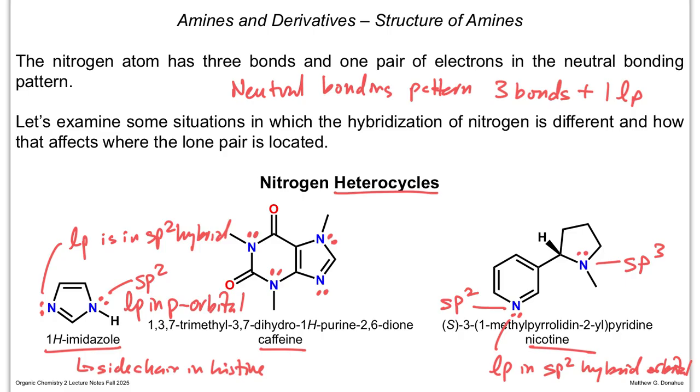So when we look at caffeine, this nitrogen here looks like the pyridine one. This nitrogen looks like the imidazole one. And then what about these? Because we see 1, 2, 3 sigma bonds, 1, 2, 3. These nitrogens are also sp2 hybridized.